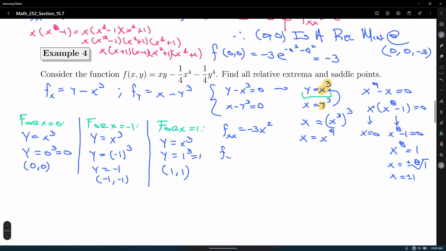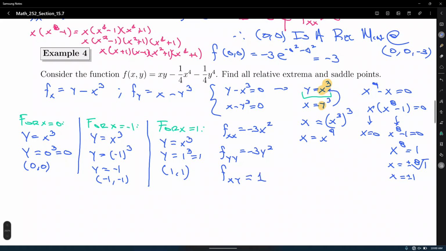Then what we already differentiated with respect to y, a second time with respect to y, that is negative 3y squared. And lastly, the mixed partial: let's differentiate with respect to the other variable, in this case y, which is simply 1.